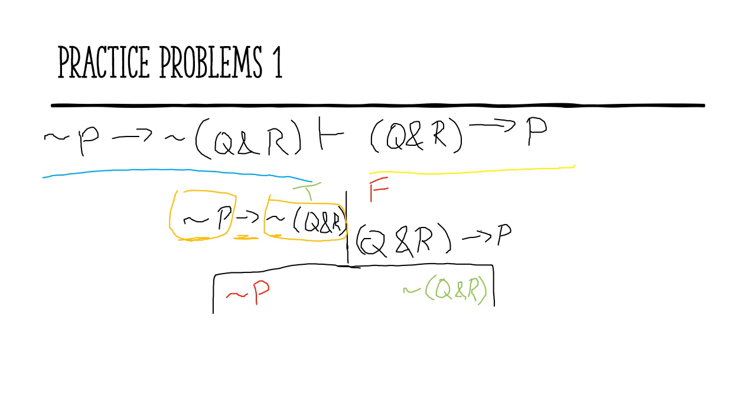Now let's stick with what we're doing here. Let's stick with this premise. But let's just focus here on the left branch that we've built. We have a tilde P. What do we do with tildes? Well, we take them and we flip them across. So from this tilde P, we just write P. We flip the tilde across the line and remove the tilde.